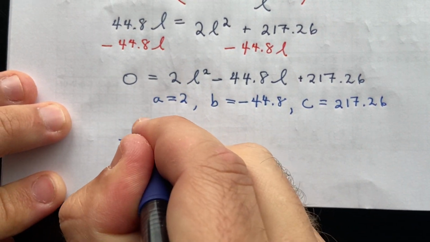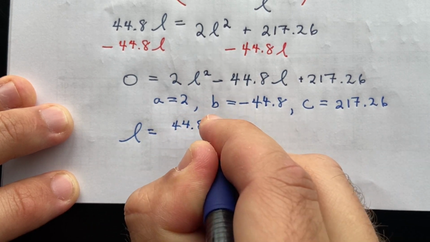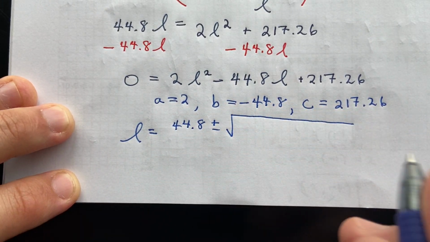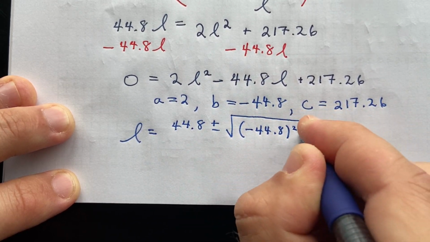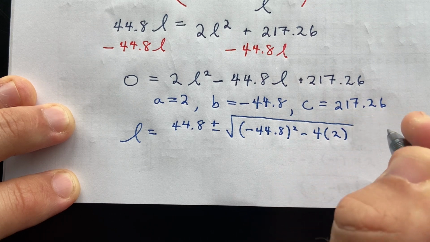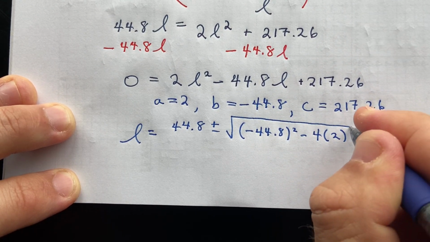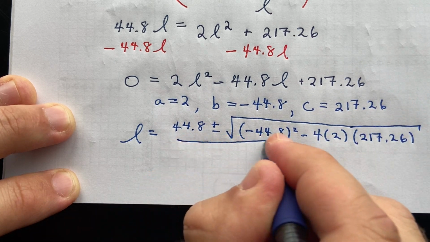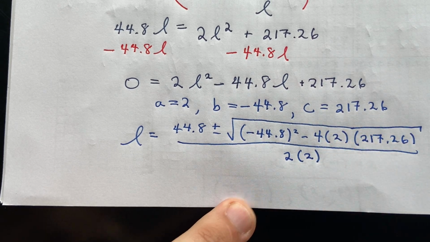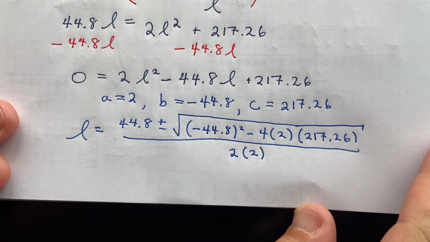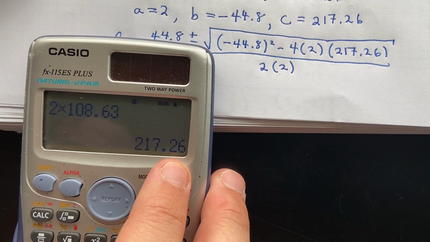So L equals the opposite of B, plus and minus the square root of B squared minus 4 times 2 times 217.26, all over 2 times 2. So I'm going to go ahead and throw that into the calculator now.